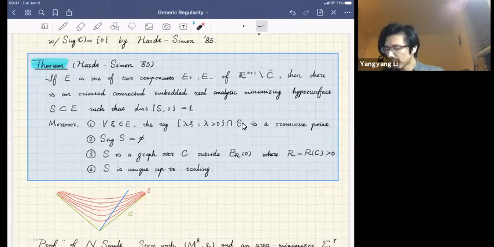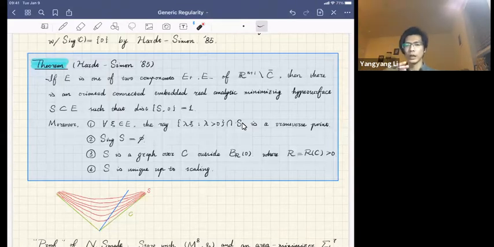The third property of S is that S is a graph over C outside a large enough ball B_R, where R depends on this cone. And by the first property, because we are in Euclidean space, we can use dilation, keeping the ambient manifold invariant, and S would generate a continuous family of minimal hypersurfaces, right?